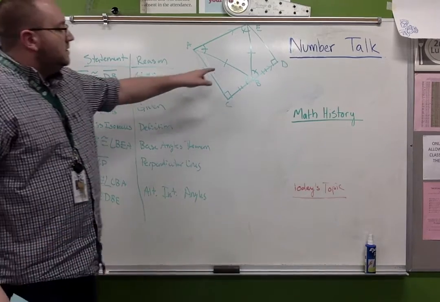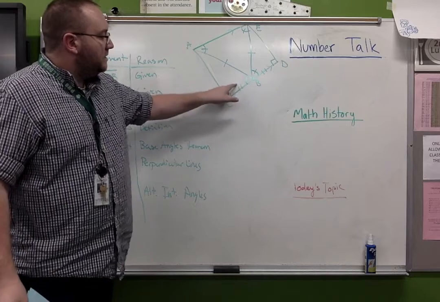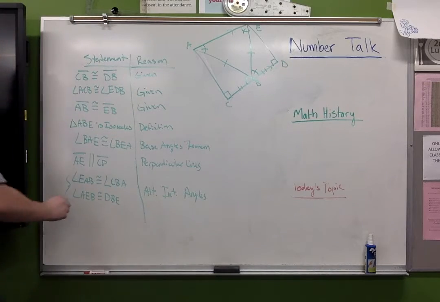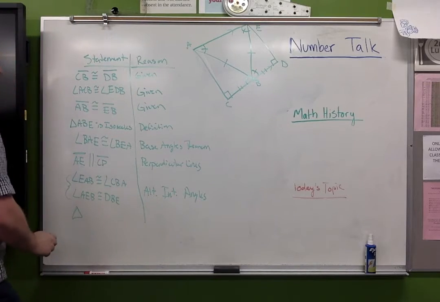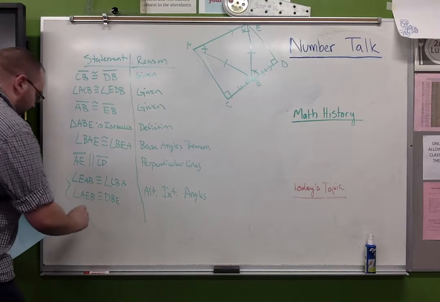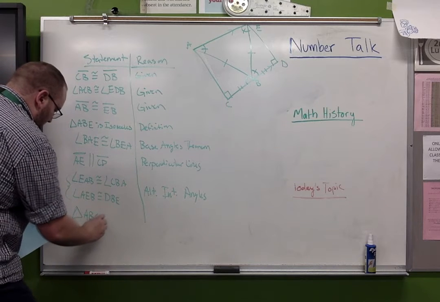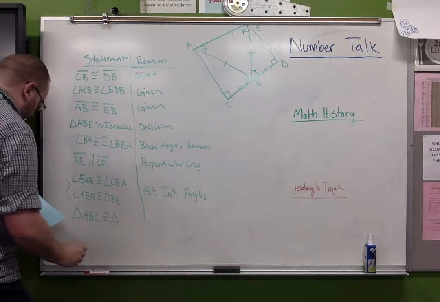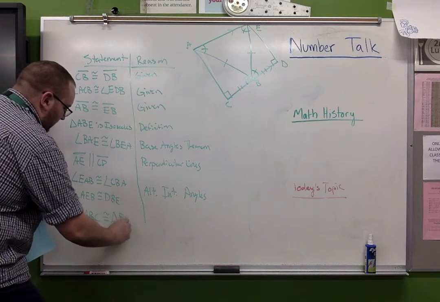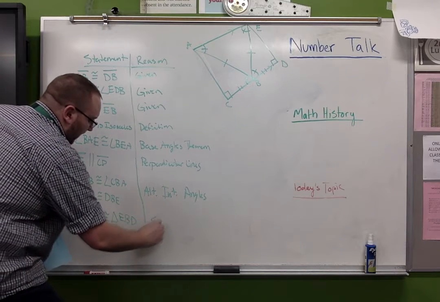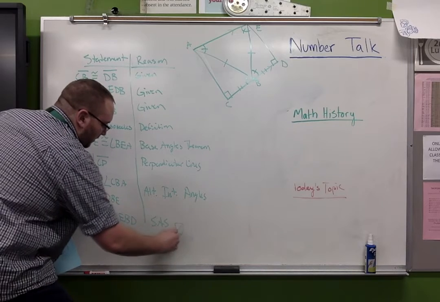Now we have side angle or side angle side. So triangle ABC is congruent to triangle EBD by side angle side, and we're done.